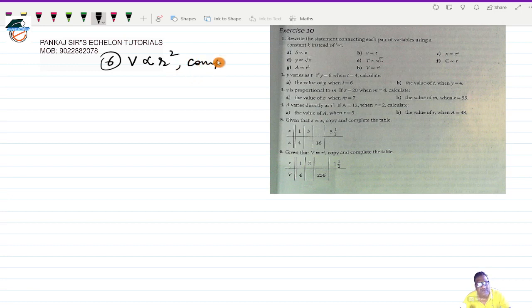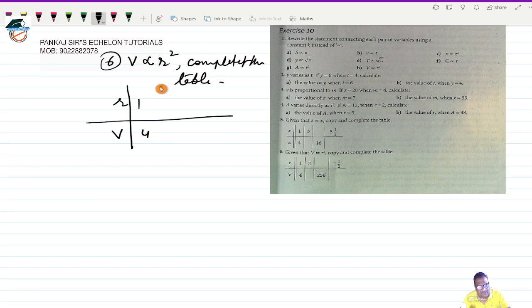The table has R and B given as 1 and 4, then for 2 you have to find out what this is. This is 256, you have to find out what this is, and this is 1.5, you have to find out what this is.